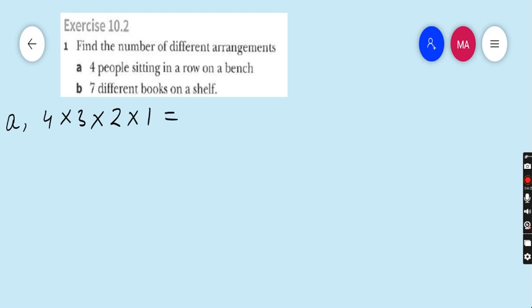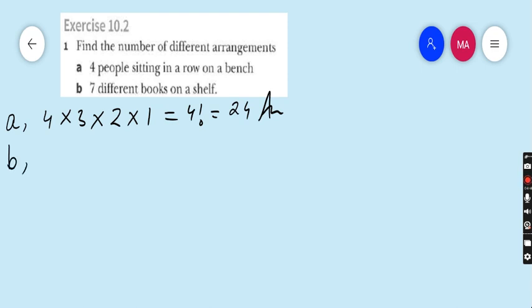Or you may write directly 4 factorial, not necessary to write 4 into 3 into 2 into 1. You can use your scientific calculator, you will get 24. So there are 24 arrangements for these 4 people.